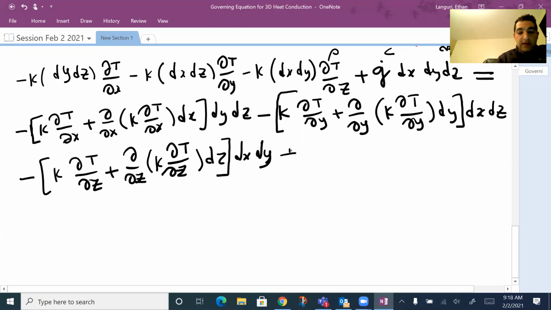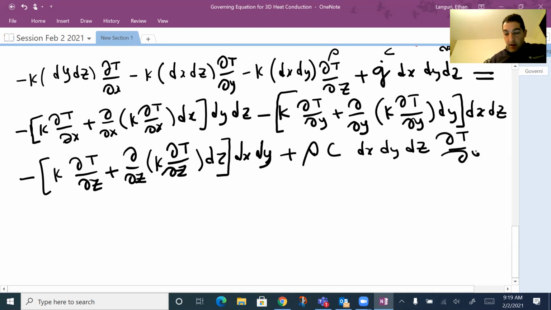And one last term was energy stored, which we showed to be rho c, specific heat, dx dy dz times variation of temperature along the time, which is dt over d tau here.